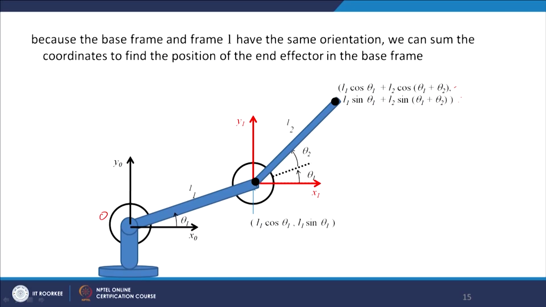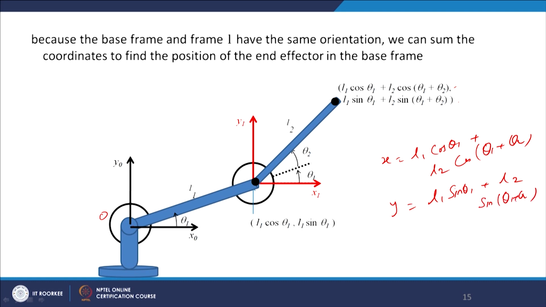So, we can write x is equal to L1 cos theta 1 plus L2 cos of theta 1 plus theta 2, and y is L1 sin theta 1 plus L2 sin of theta 1 plus theta 2. So, this is called the kinematics equation.